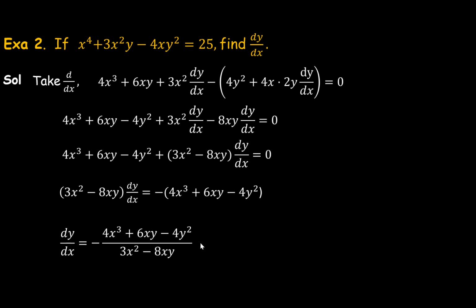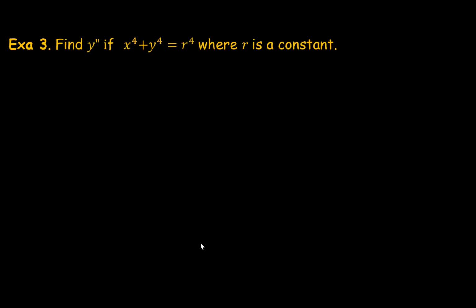Let's look at another example involving the second derivative, y double prime. So here we have the following equation. We want to find y double prime. Here r is a constant. Again, we can do this using implicit differentiation. So we're going to take d/dx on both sides, and that will allow you to find y prime first.